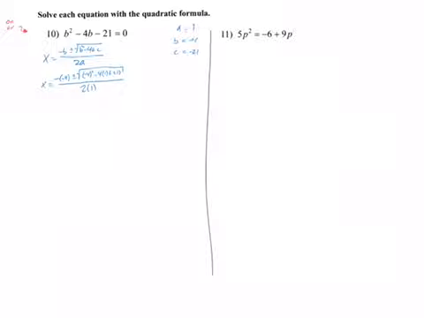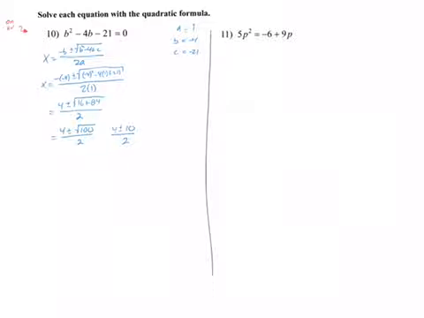We're just going to simplify this down some. So you get 16 plus 84 underneath that radical there. Simplifying down further, that's the same thing as 4 plus or minus 10 over 2.